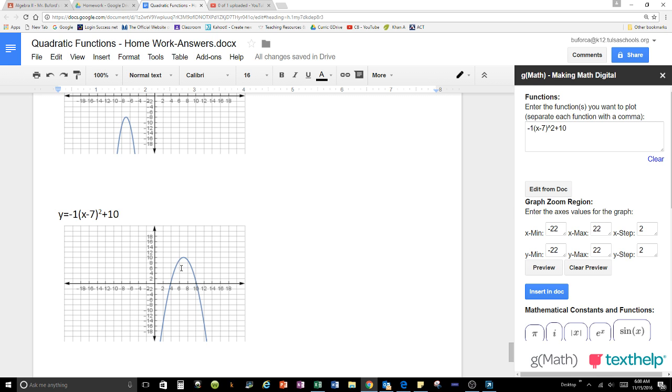And we see our axis of symmetry is right at x equals 7 because it cuts the parabola right in half, and the vertex is a maximum because it's at the top of the parabola, and it occurs at y equals 10.